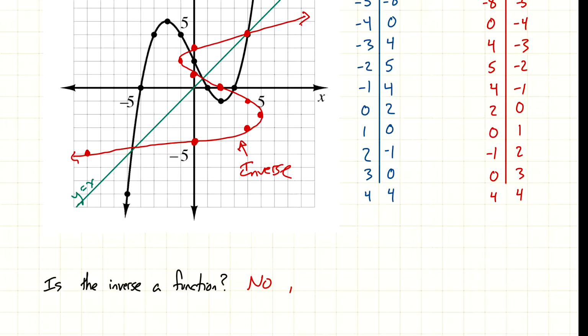Or 0 gives me 1 and 0 gives me 3, right? So it shouldn't give me two outputs. So one input is giving us two outputs.